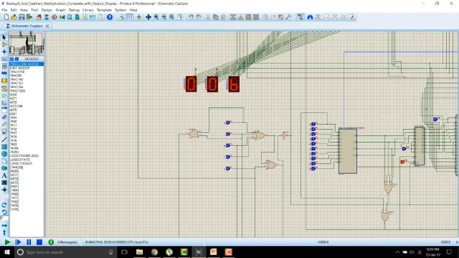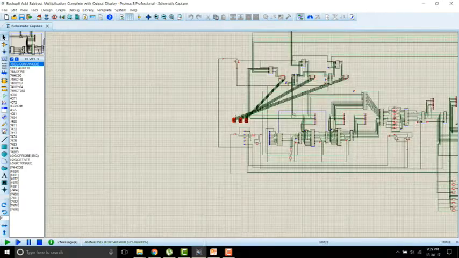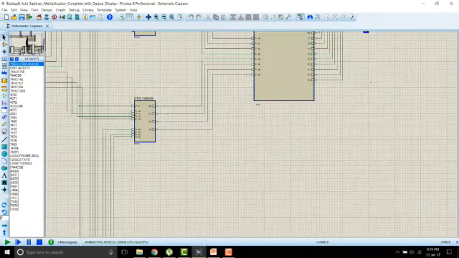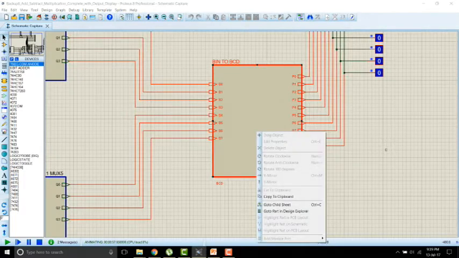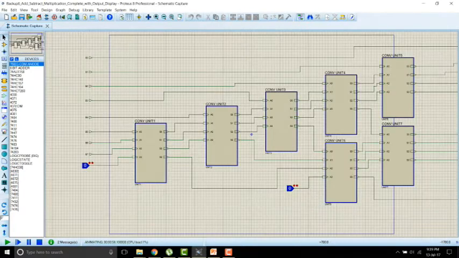But before that, I'd like to mention something. In our hardware project, we could not actually build the output decimal displays, because we used a sub circuit for binary to BCD, and as you can see, it's quite big.